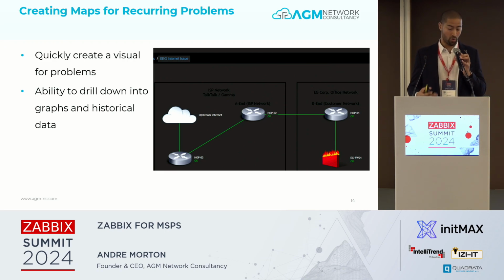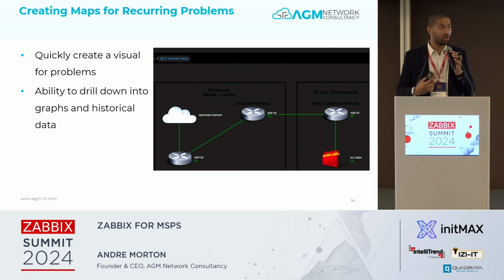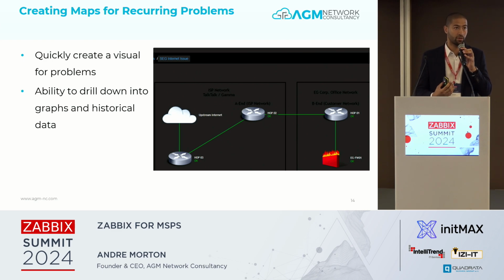So, for recurring problems. One of the big problems I had was trying to hand over problems from myself or a couple of the consultants to lower level engineers or to external parties. We really struggled to get across how data travels across the network or how their service works through another system.